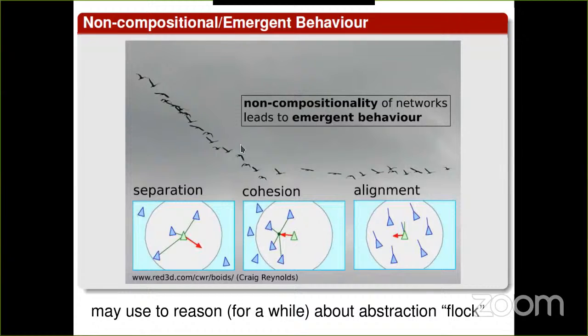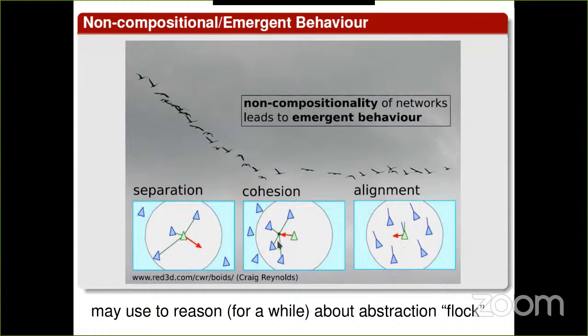But to give you a nice example of emergent behavior, there is an experiment called Boids. If I have 3 very simple behavior rules, saying that birds should not bump into each other, that birds will try to stick with the other birds, and if they look around and they see all the other birds flying north, well, then this bird will also fly north.